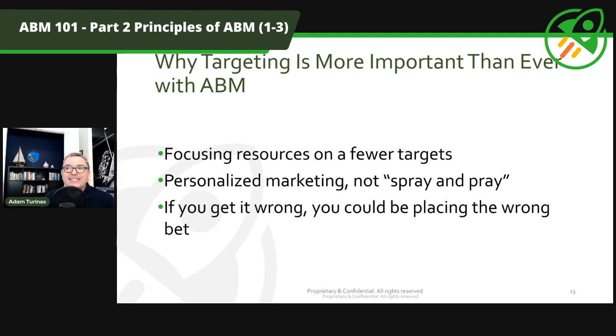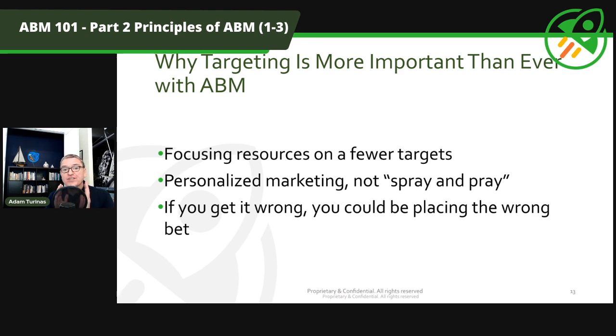If you make a decision to take an ABM centric approach, in many ways that could be considered quite a risky decision, because you're making a decision to narrow your focus from marketing to the total available market to focusing your attention on a smaller set of best fit target accounts.